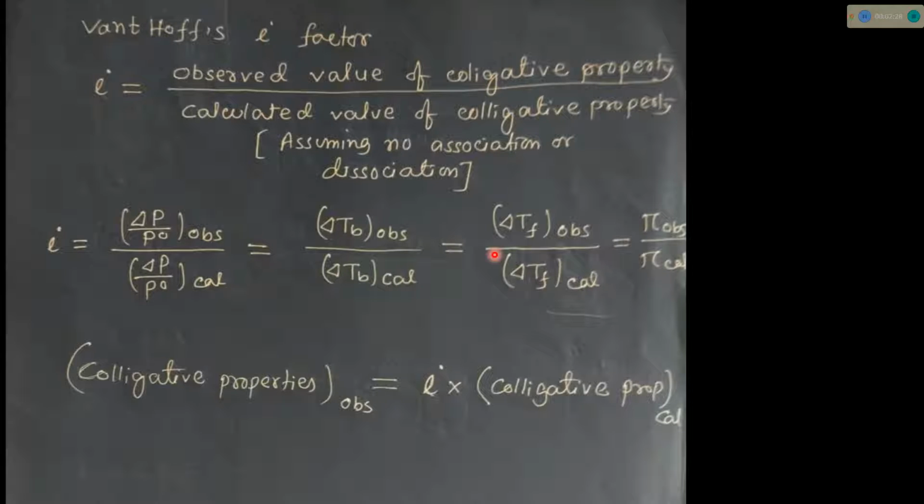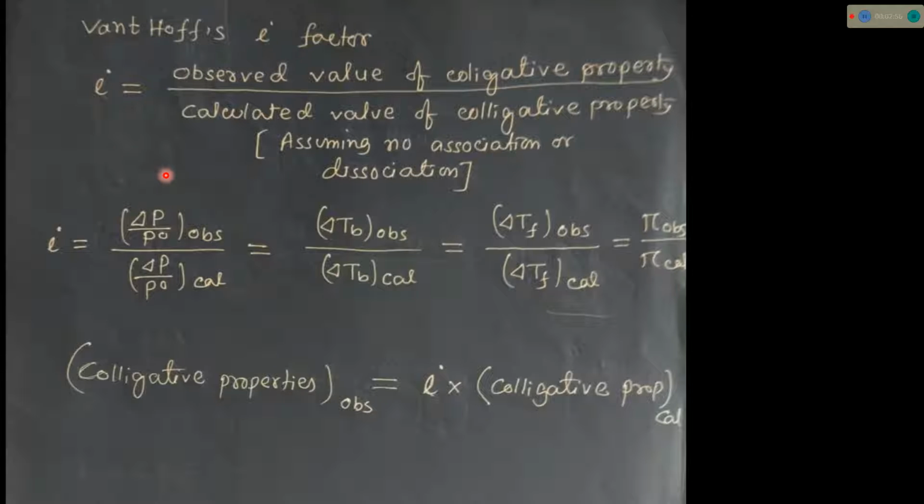Before going to the main point of the answer, we have to know these basic things. From colligative properties, we all know that the van 't Hoff i factor is there.